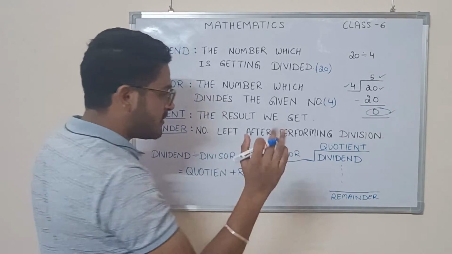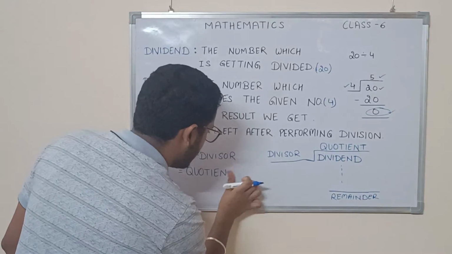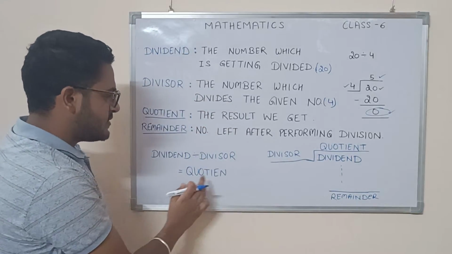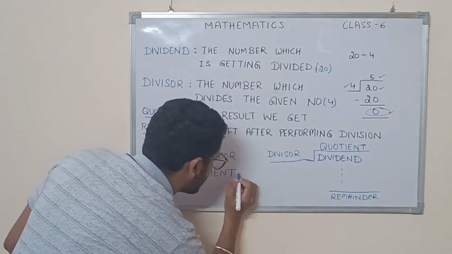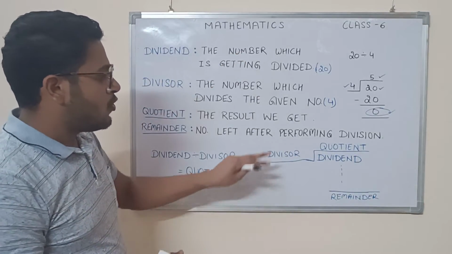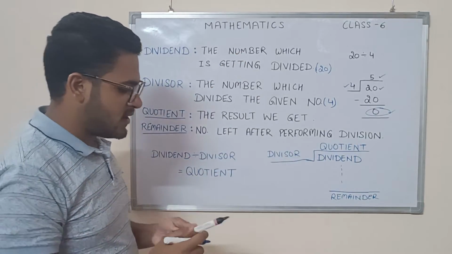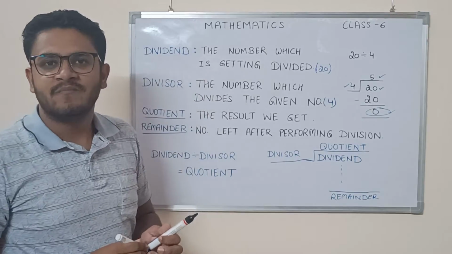We will talk about remainder later. For now, dividend divided by divisor will give us quotient. So this is how we use the different components for our division.